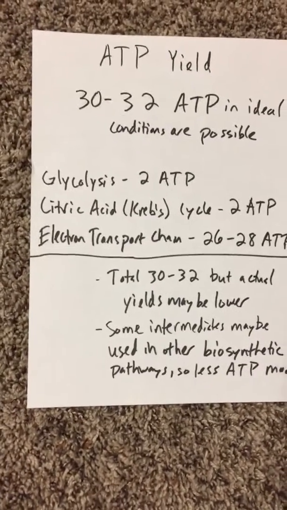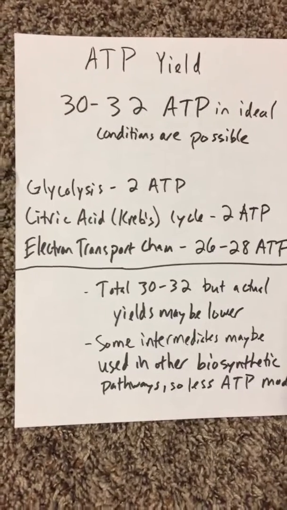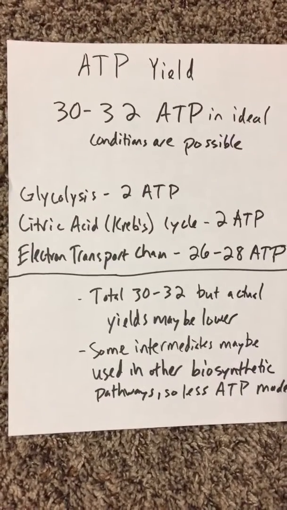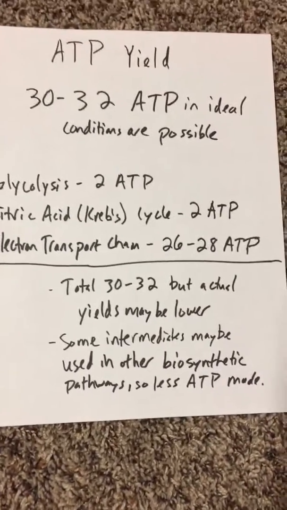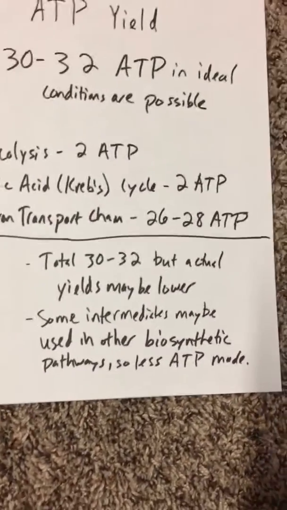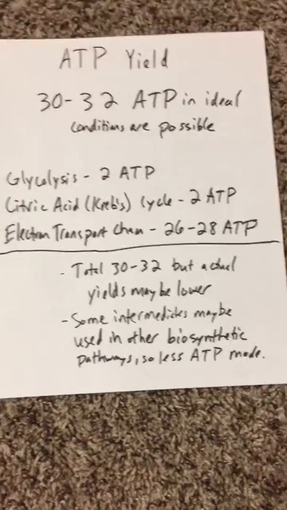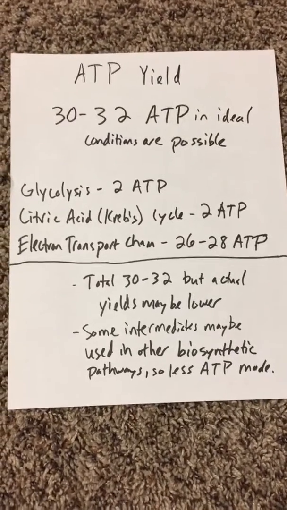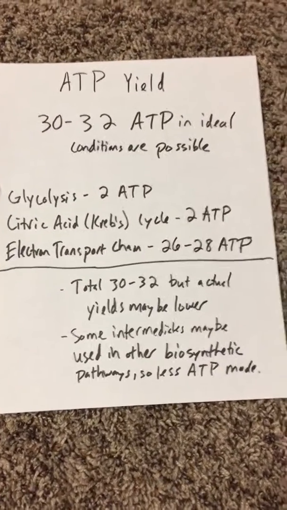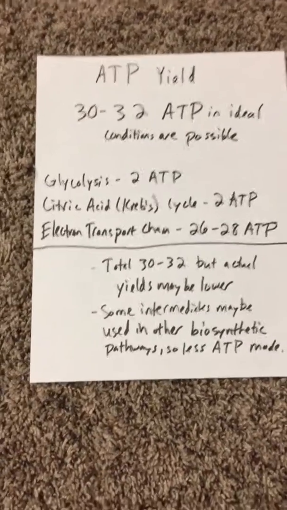And so we talked about glycolysis. We got 2 ATP out of that. If you remember, the citric acid Krebs cycle, we also got 2 ATP. And that was from the 2 rounds, the 2 turns of the Krebs cycle, or the citric acid cycle. Now, the electron transport chain, look at that difference. That's very significant.